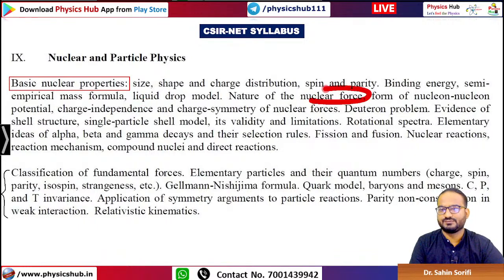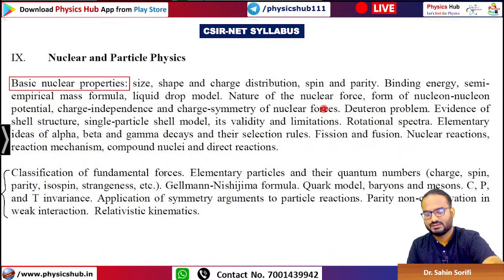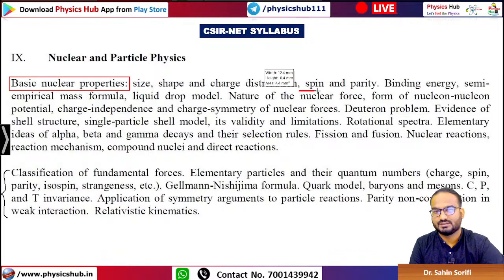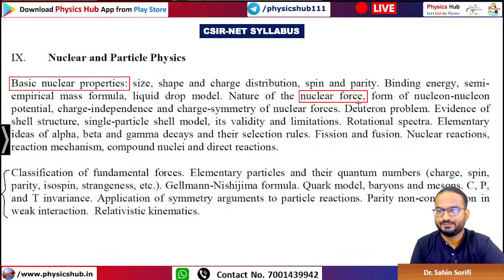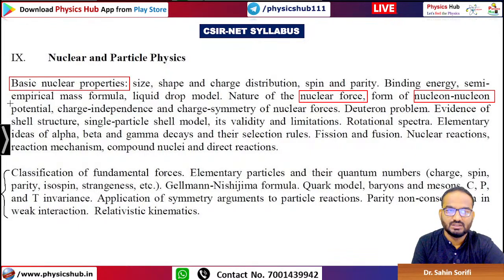Then nature of nuclear forces. A significant time we have to invest on nuclear force and nuclear reactions, its properties, nuclear potential. Different kinds of potential models we'll discuss, Woods-Saxon potential, Yukawa potential and all those potentials.